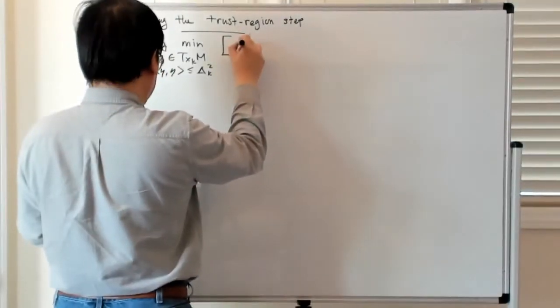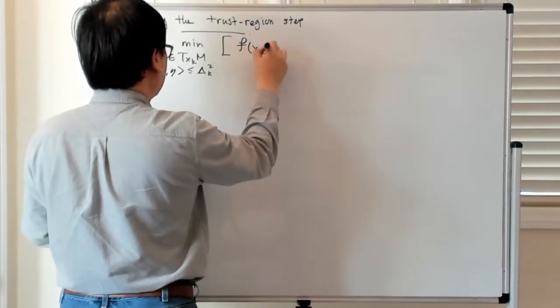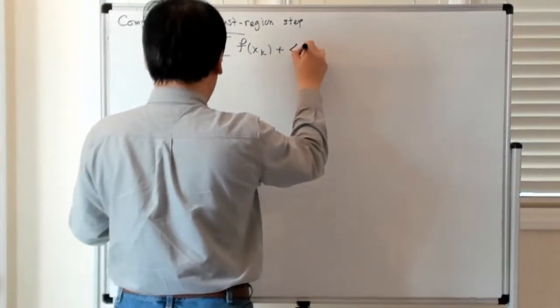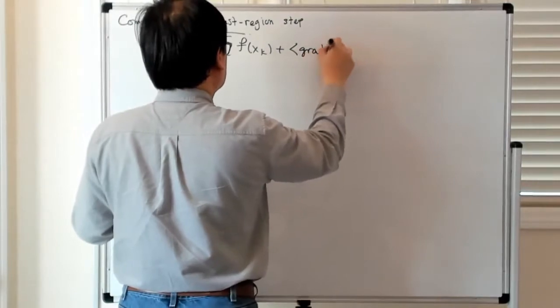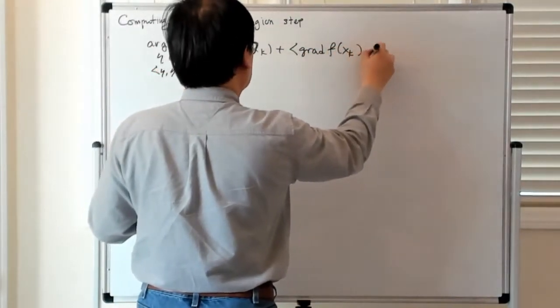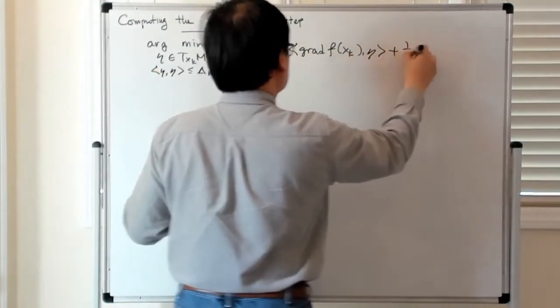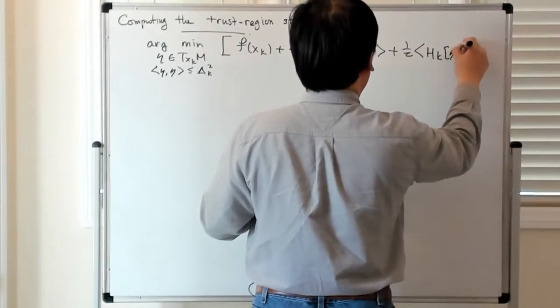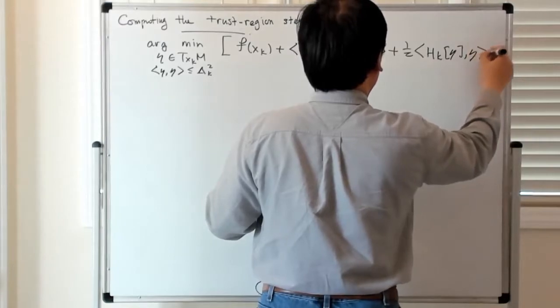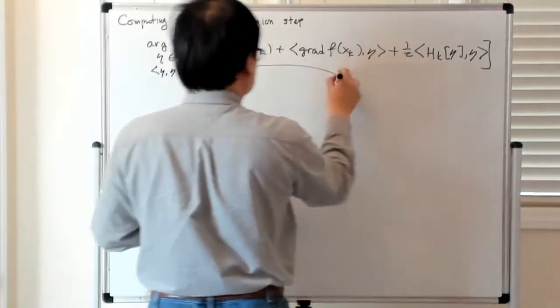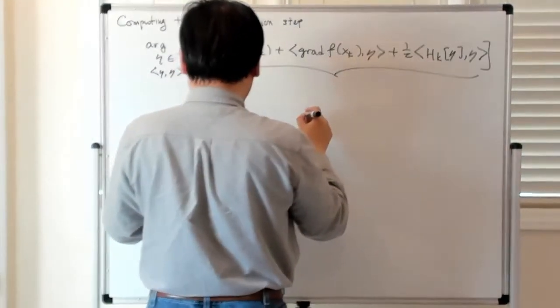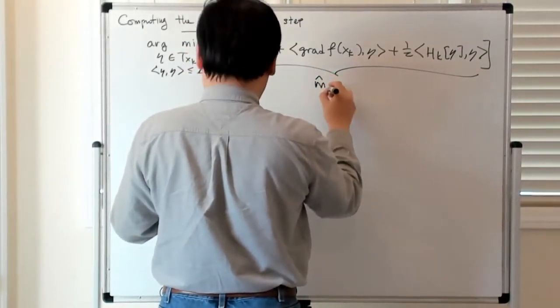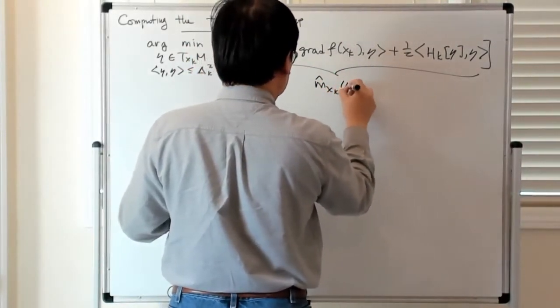The function you're minimizing is this quadratic model of the cost function. This is what I call the local model, which is m hat xk.